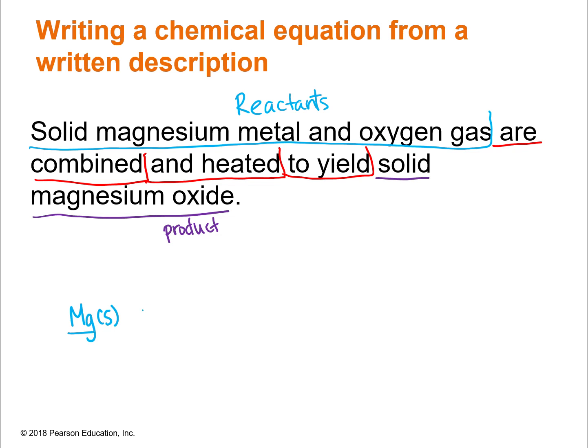It could be a liquid. Then we're going to put a plus sign because we have to write another reactant. And we've got oxygen gas. Oxygen gas always comes as a diatomic molecule. And I'm going to talk about that in just a second. But just take my word for it for now. That oxygen gas is O2.